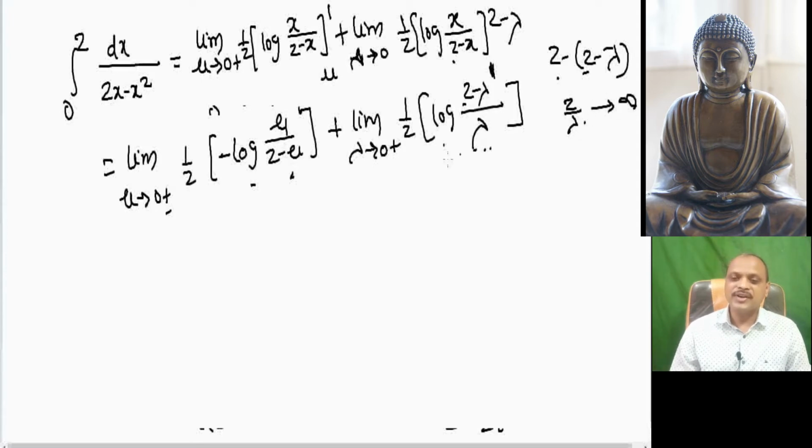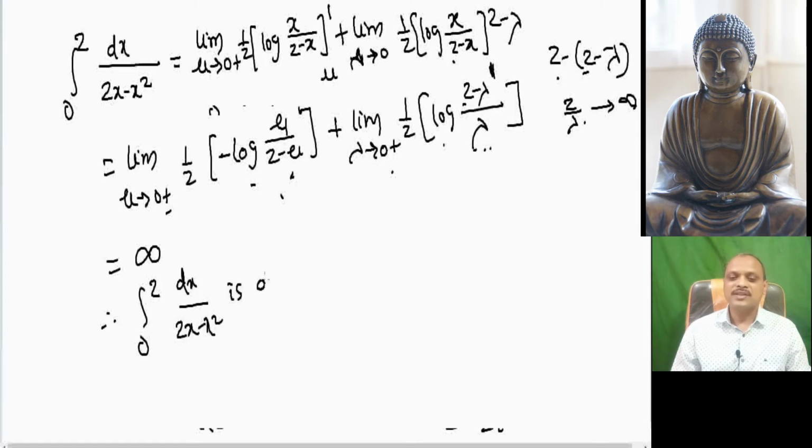So both are infinite values, and therefore this integral from 0 to 2 of dx divided by 2x minus x square is divergent. It is not a convergent integral.